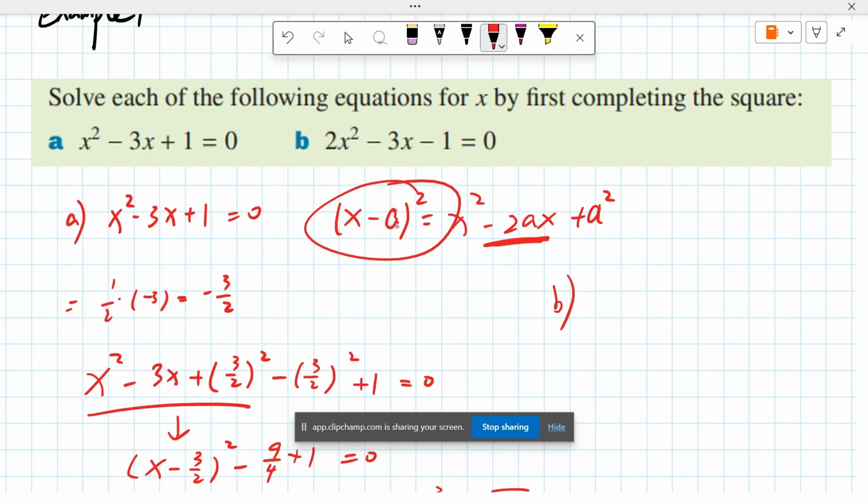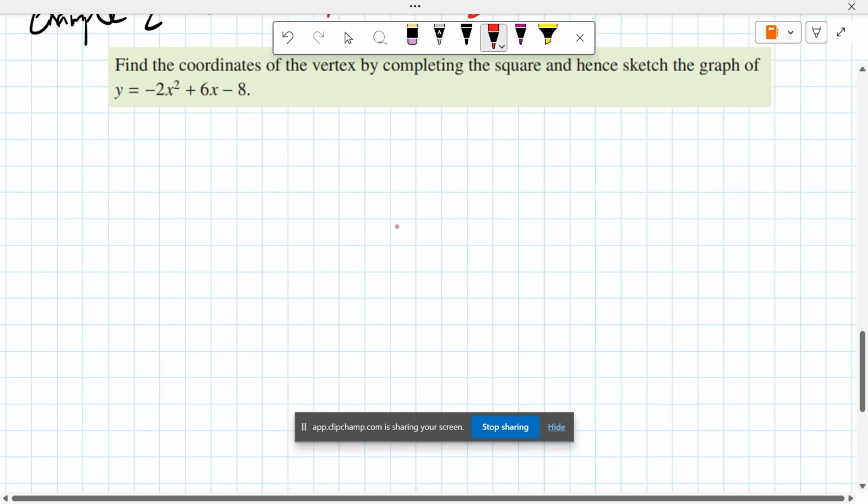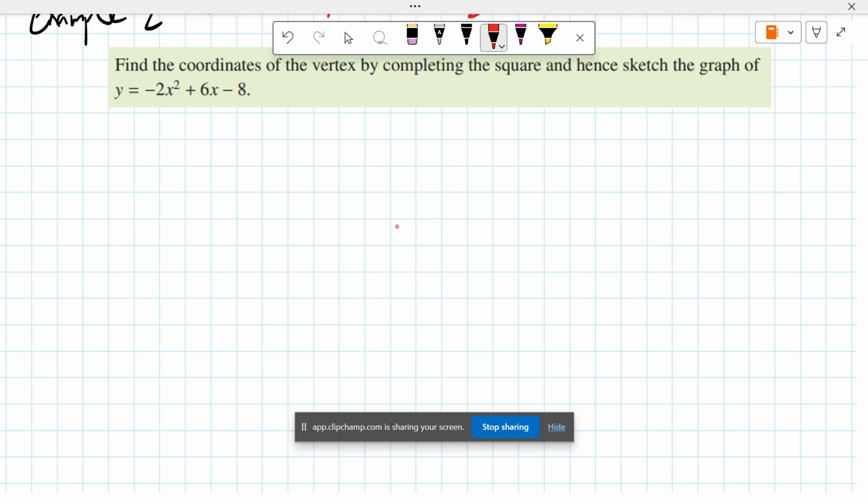So now we're using the vertex, and now we do the sketching of the graph as well. First thing first, we take out the -2 on both sides. Why do we need this? Because y equal to -2x squared minus 3x plus 4.